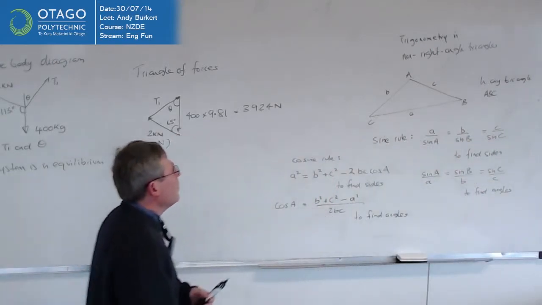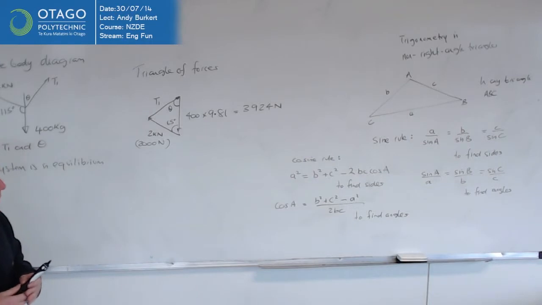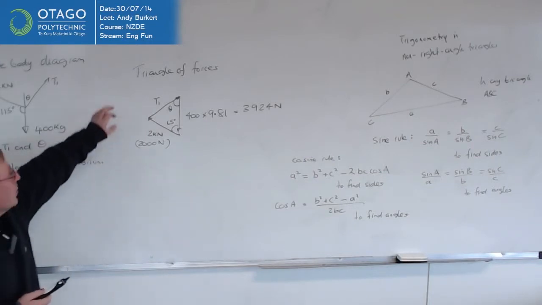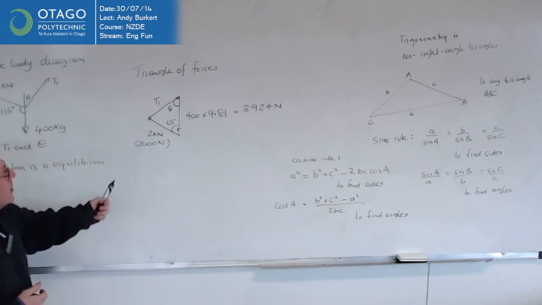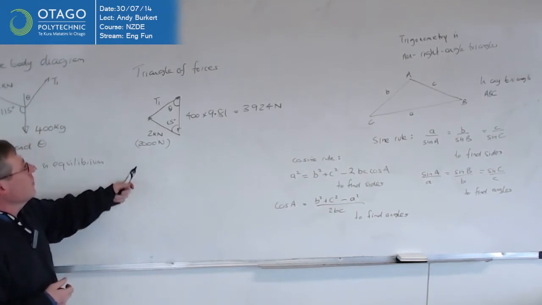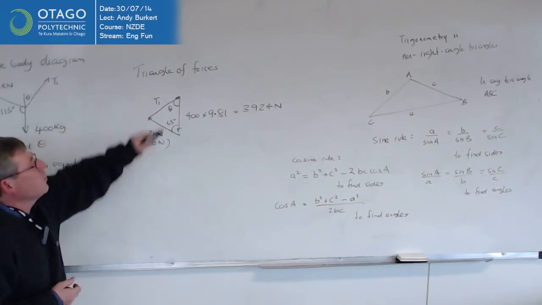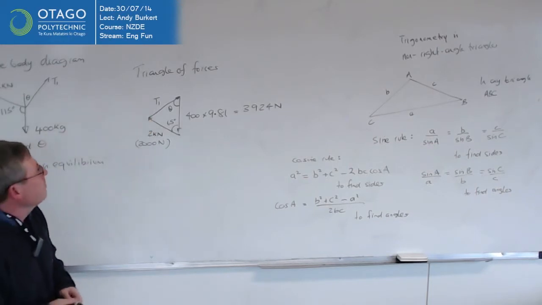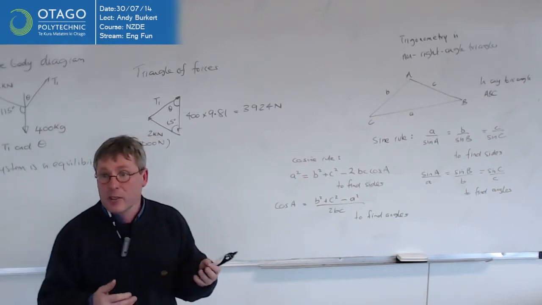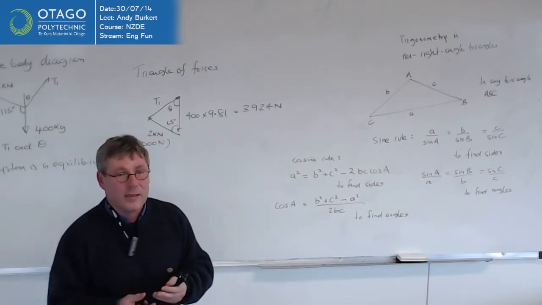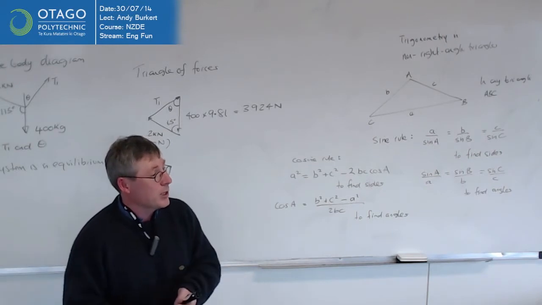Yeah. So now, a quick tip on which one you have to use. We've got a non-right angled triangle here, and you have to decide what to use to find T1 and what to find theta. Now, it's really easy to decide if you're going to use the cosine rule, and if it's not the cosine rule, it must be the sine rule.